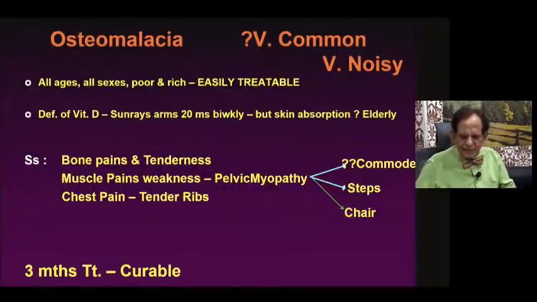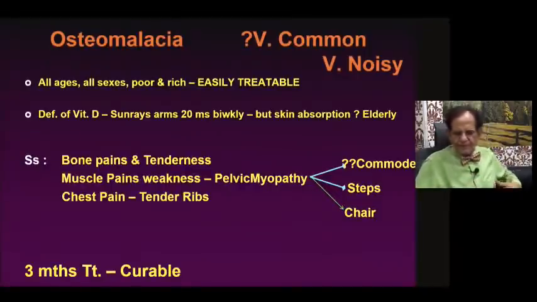And once you have diagnosed pelvic myopathy in a patient like this, the diagnosis of osteomalacia is over, finished. There is no other disease which can cause this. The amount of chest pain they get, because the chest is full of ribs. You've got 12 ribs here, 12 ribs there, the sternum there. What do you expect?